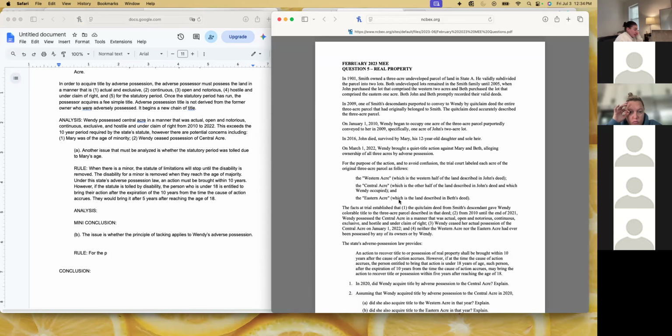Then Mary has essentially had a cause of action for 4 years. And so the tacking more so has to do with whether Mary and John's potential interest in Central Acre means that those 6 years and 4 years combine to make 10. Does that make sense?